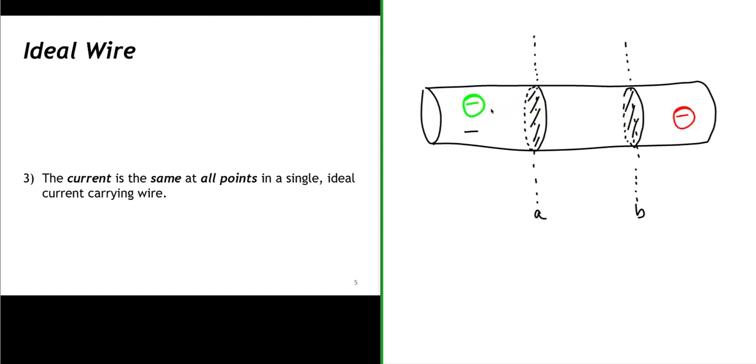We could have multiple charges. And the rate at which these multiple charges move across the 2 points is the same. So the movement of charge is the same at all points in an ideal wire. In other words, the current is constant everywhere in an ideal current carrying wire.